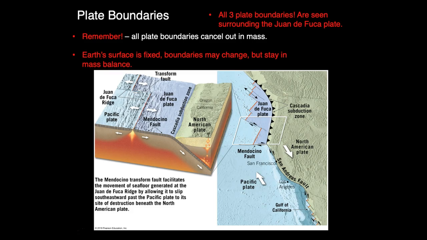But overall, the amount of mass must remain nearly the same in the Earth's surface, so that surface area is not changing, and that's why the creation and the destruction of overall mass by these plate boundaries must remain in place, or I should say in balance.